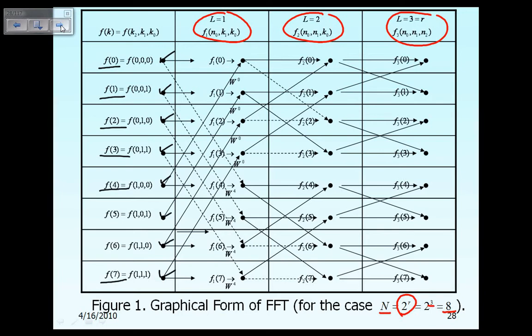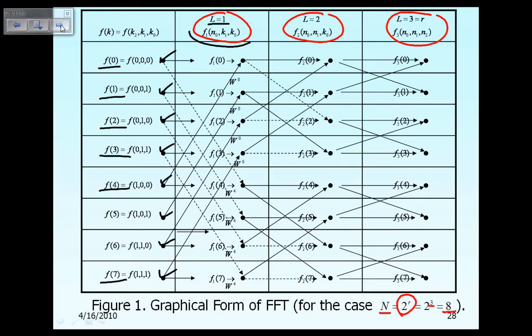How do we calculate the intermediate vector f1? Remember, this is a case where the level L equal to 1. What does that mean? Remember the formula that I told you earlier?